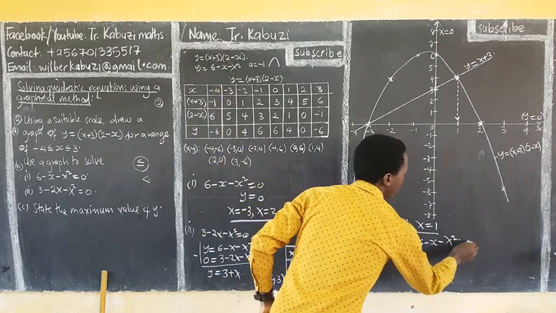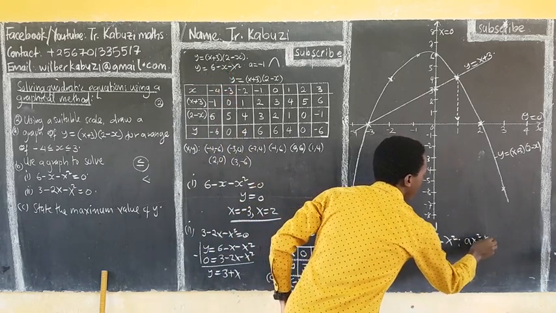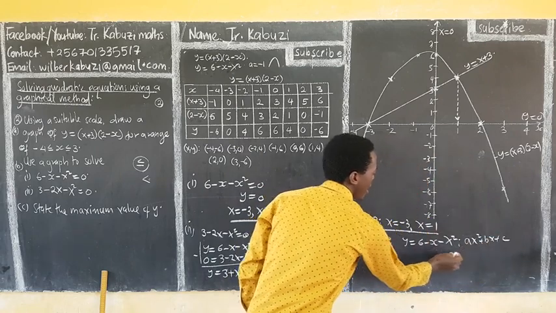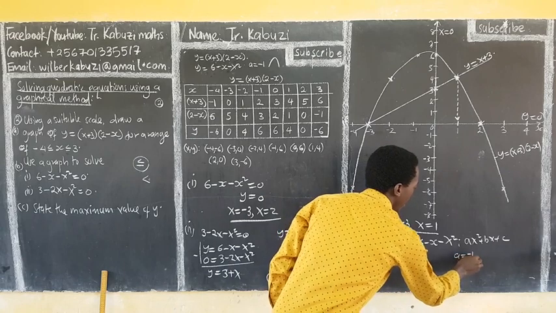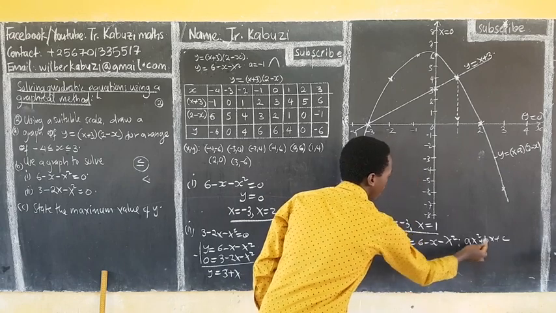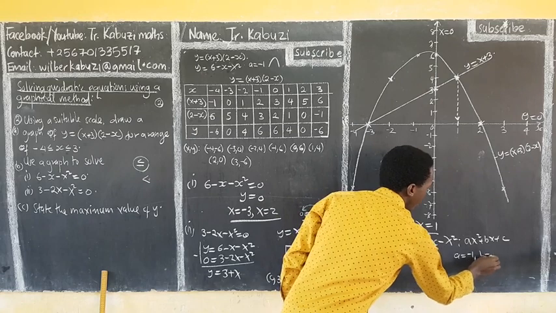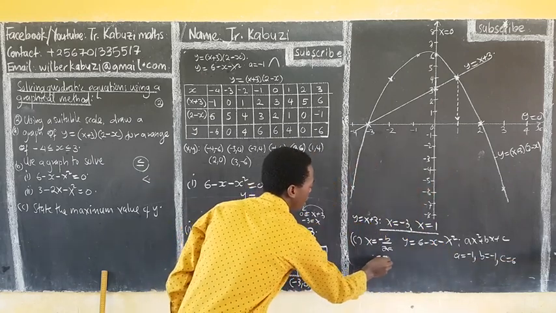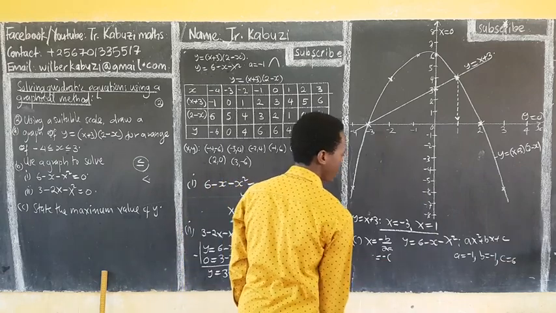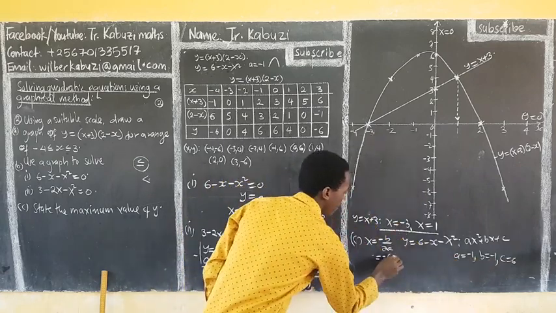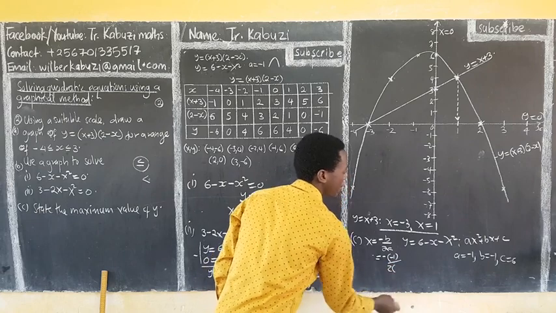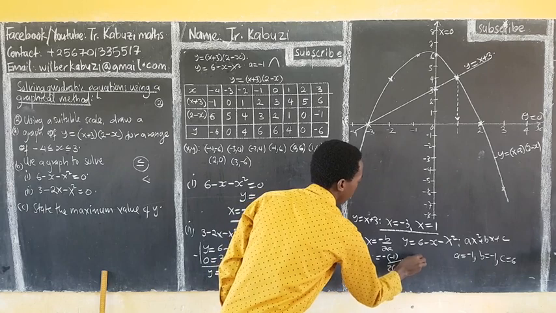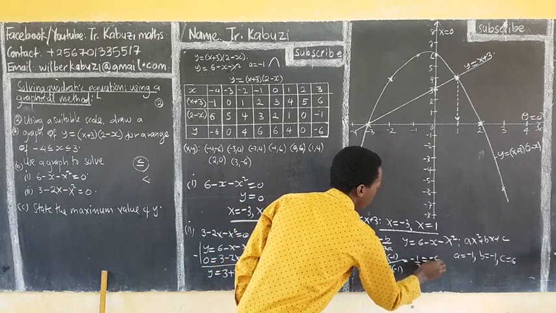If I compare it with ax squared plus bx plus c, the coefficient of x squared is negative 1. The coefficient of x here is going to be negative 1, and the constant is going to be 6. So if you substitute here, we have negative 1 over 2 times a, where a is negative 1. It is going to give you negative half, which is negative 0.5.